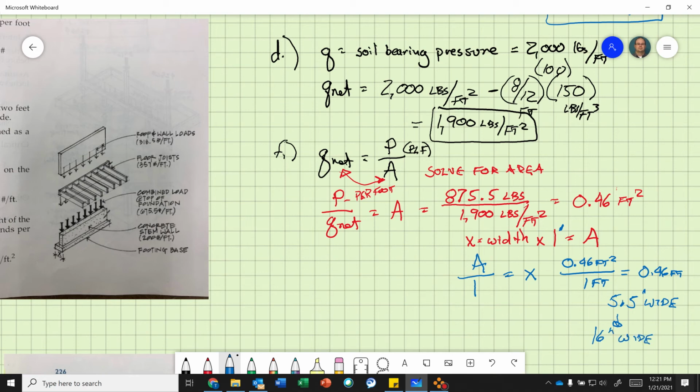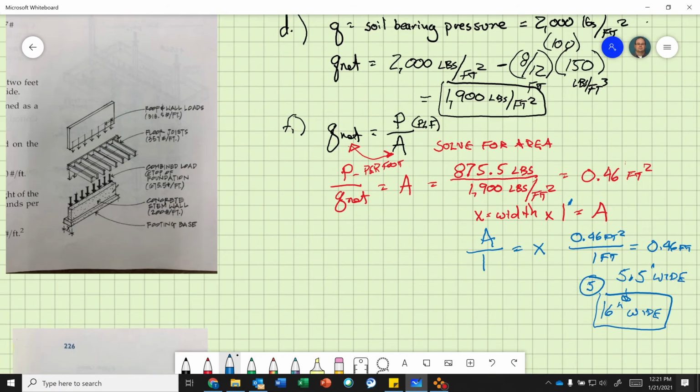But according to my soil mechanics, my building will be okay underneath this load. A 5.5 inch wide footing will work, but its constructability doesn't happen. All right, so this is the answer to number 5. Minimum width, 16 inches.